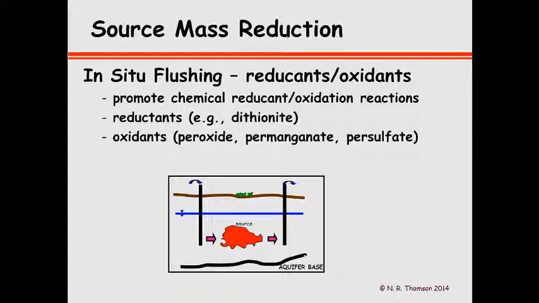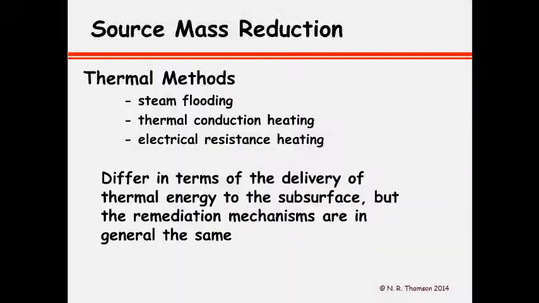If the flushing fluids involve a reductant or oxidant, these compounds promote a reduction or oxidation reaction. Possible oxidants are peroxide, permanganate, and persulfate, and a possible reductant is dithionite. Well, another way to remove mass is through thermal methods involving steam flooding, thermal conduction heating, or electrical resistance heating, ERH.